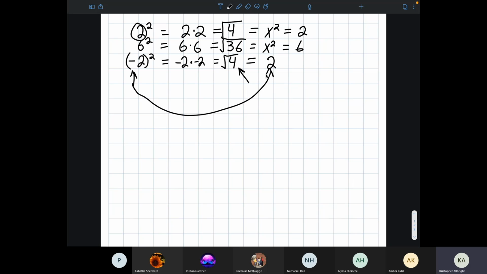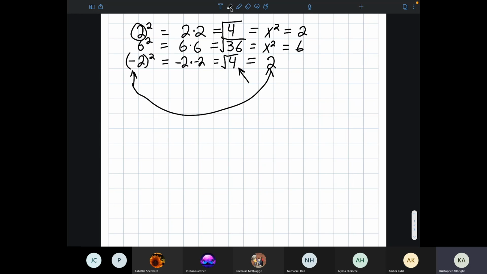You can't take the square root of a negative number, because there aren't negative numbers that will square and give you that. You can't go from here to a negative number. It doesn't work like that. So what we have to do is find another way to deal with these negatives.